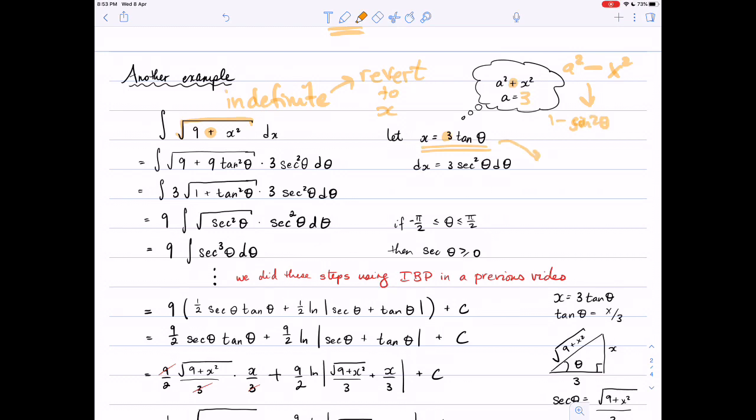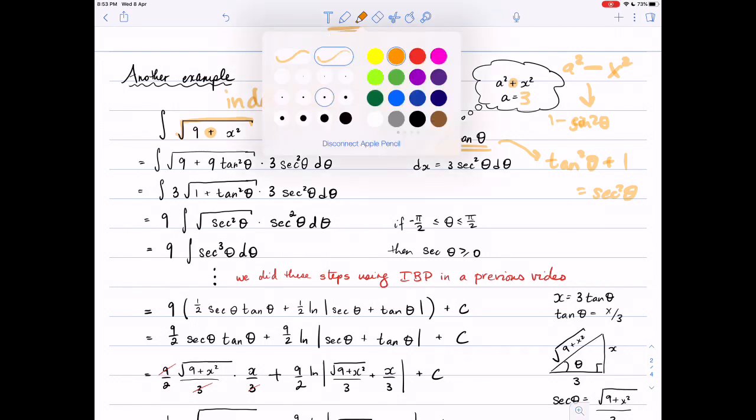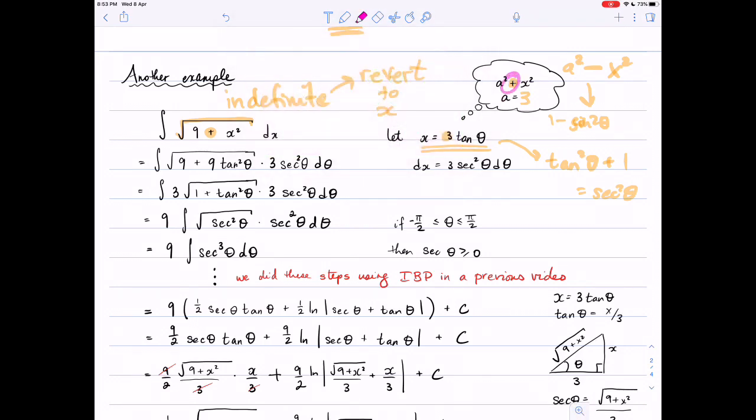In this one, because we have a plus, we're going to use the identity that is based on tangent. Tangent squared plus 1 is equal to secant squared theta. So that plus sign there corresponds to that plus sign there, whereas the minus sign in the previous integral corresponds to that minus sign there.